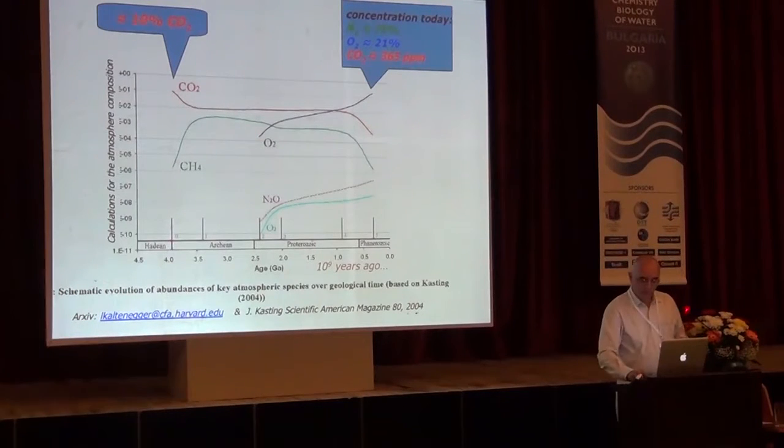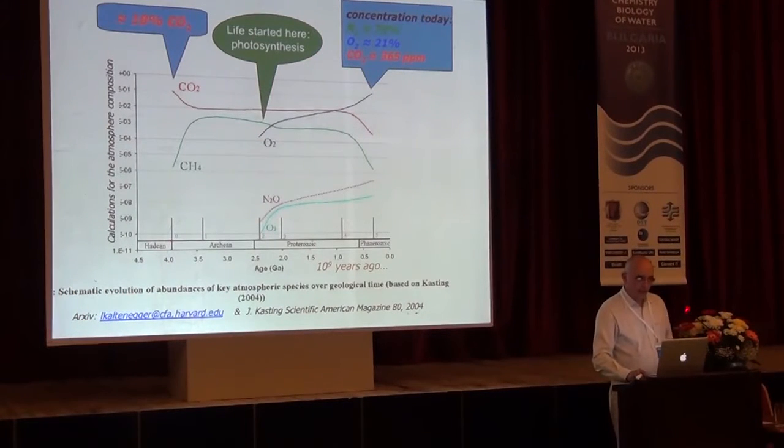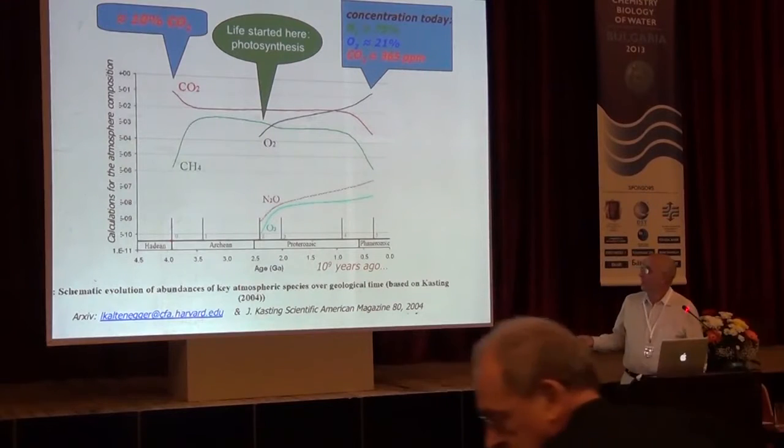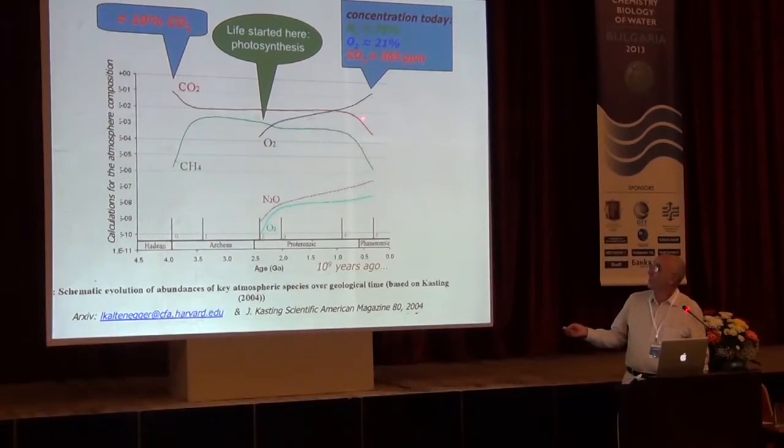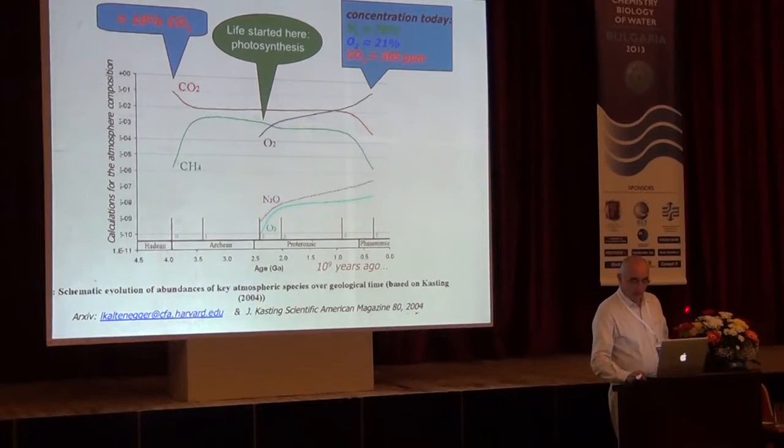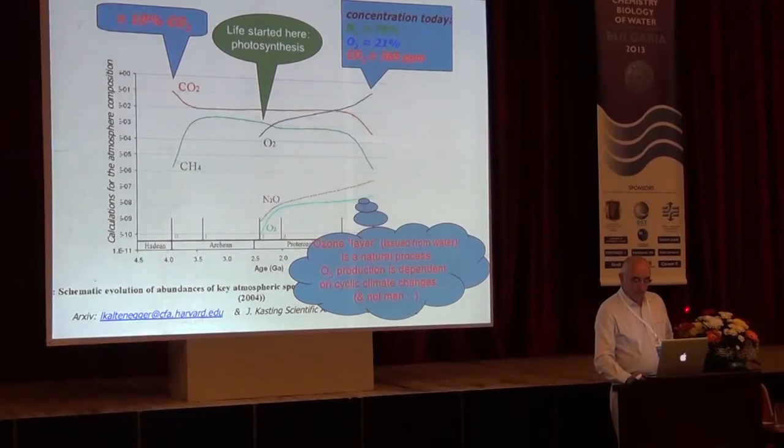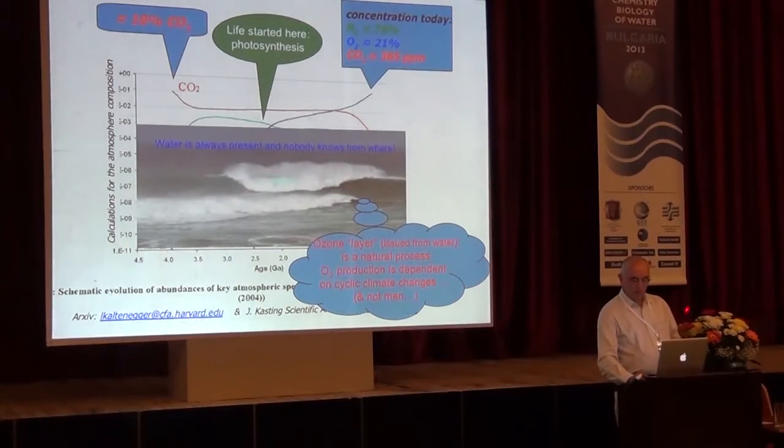From this time up to now, oxygen increased and ozone increased too. I have something to talk about regarding the ozone layer, because there's no ozone hole, there's no ozone layer, but I will leave it to talk about later.